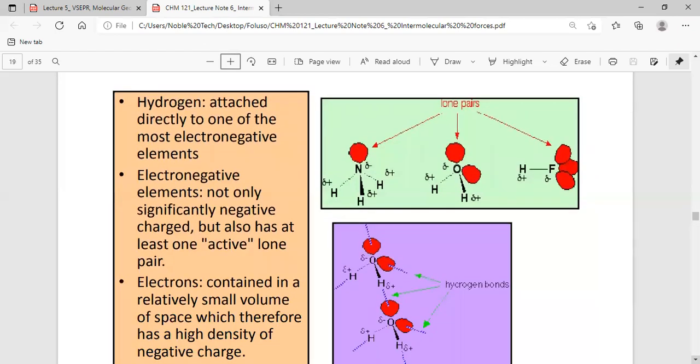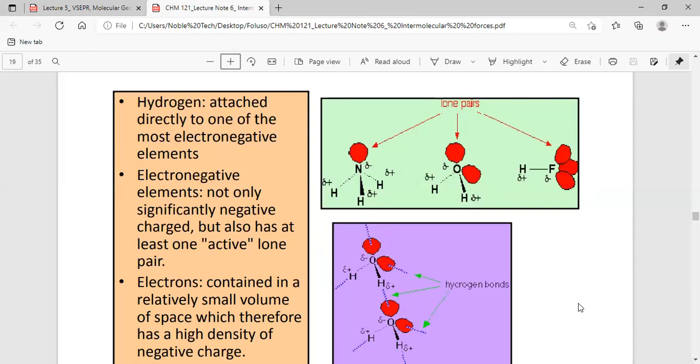So what do we bring out of all this? Hydrogen is attached directly to one of the electronegative atoms. The electronegative atom polarizes the electron to itself and becomes partially negative, with the lone pair playing a role.